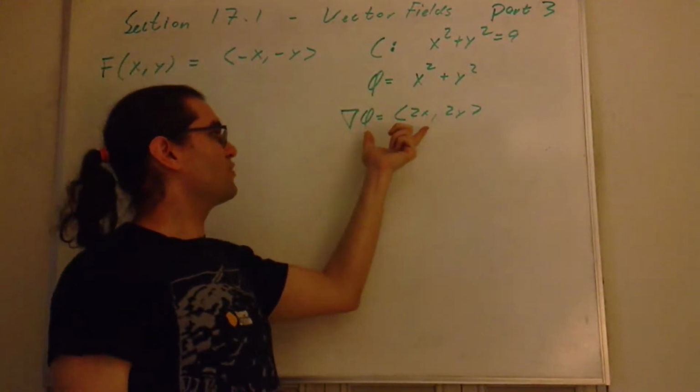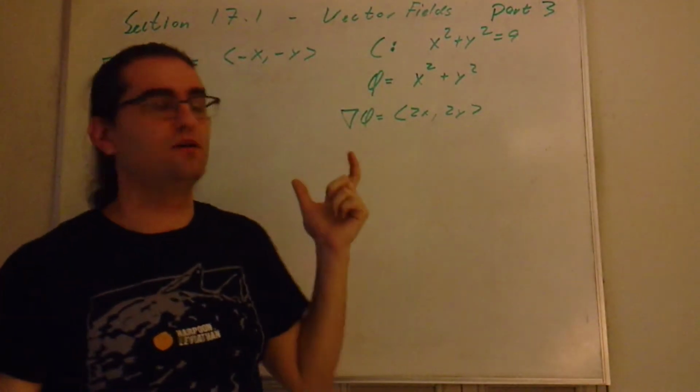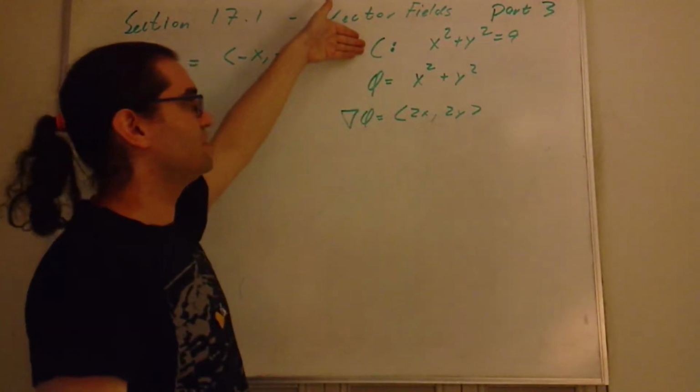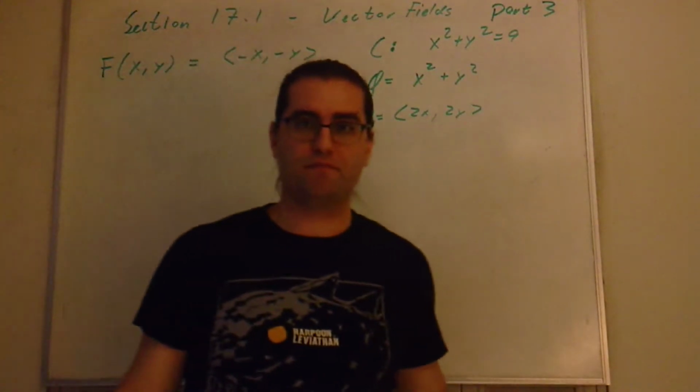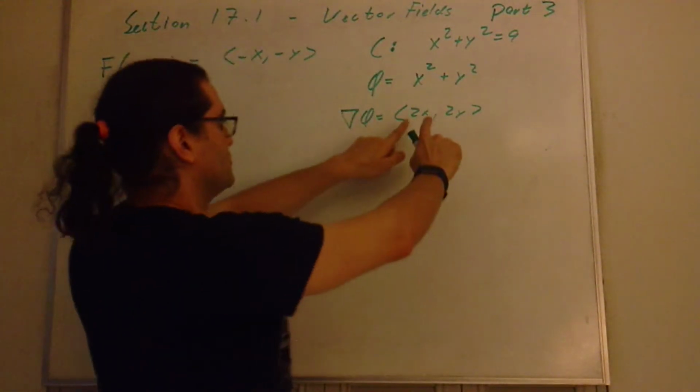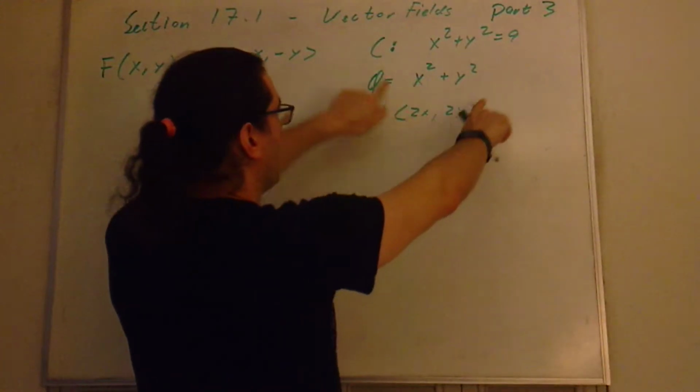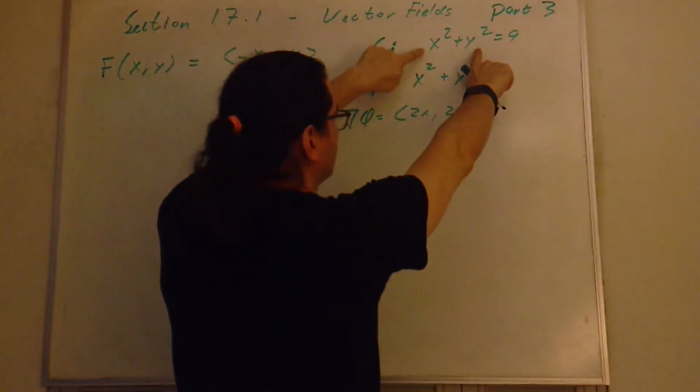And this gradient we know is perpendicular to the level curve all the time. So this vector field is always perpendicular to this thing.